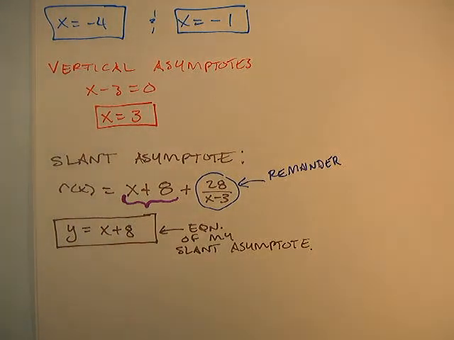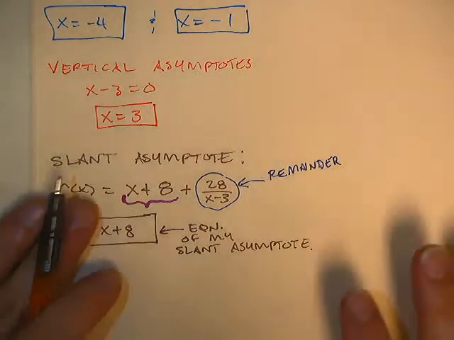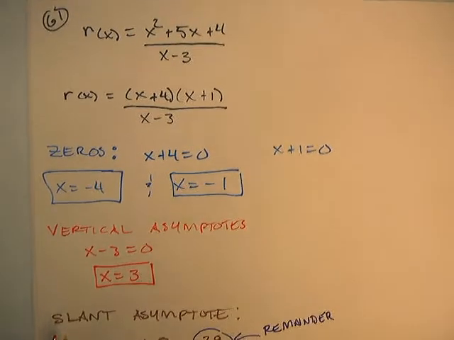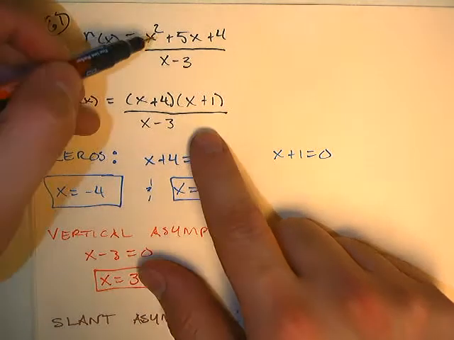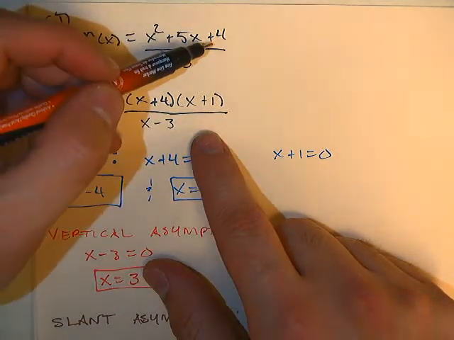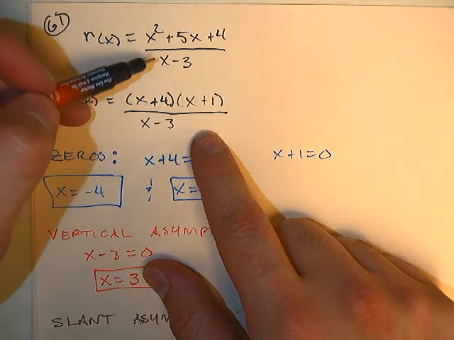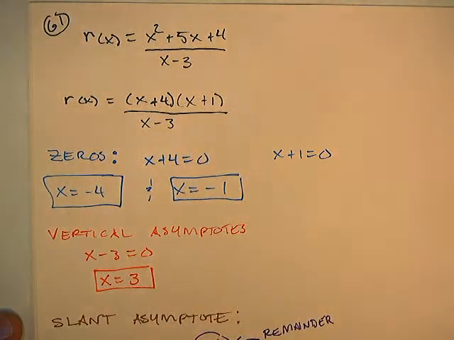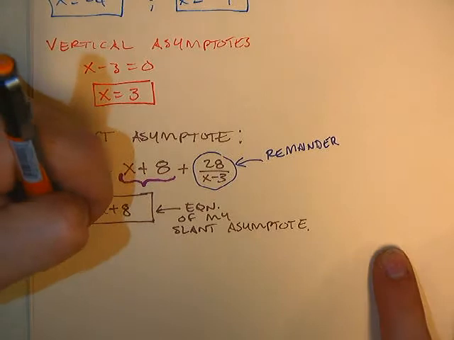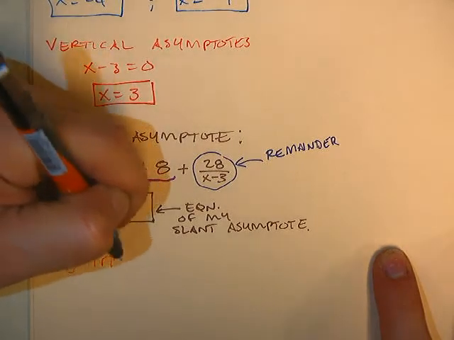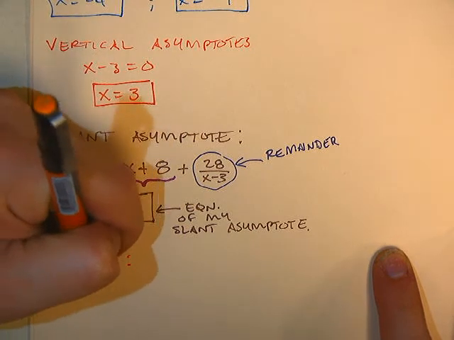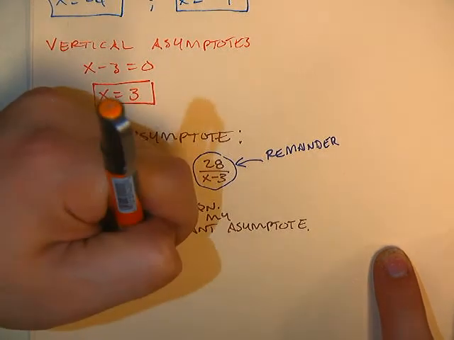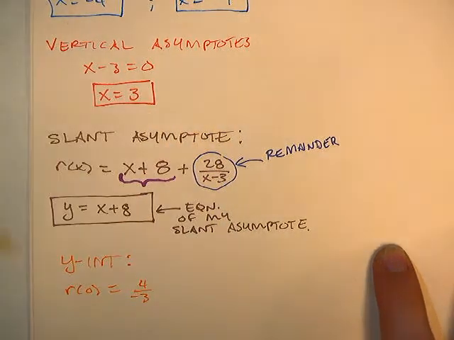The last thing left to do is to figure out what my y-intercept is going to be. If I look at my original function, I evaluate r of 0. It's going to be 0, 0, 4 in the numerator, 0, negative 3 in the denominator. So my y-intercept is given by r of 0, which is just equal to 4 over negative 3.